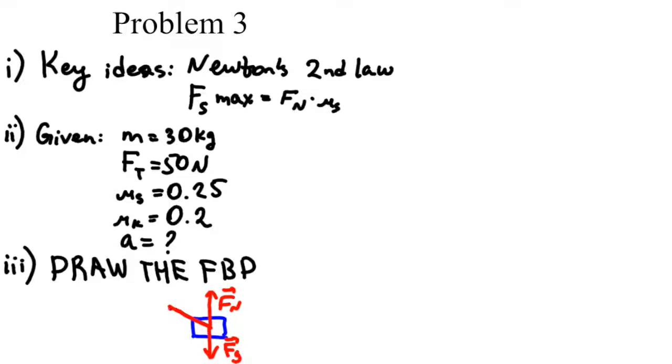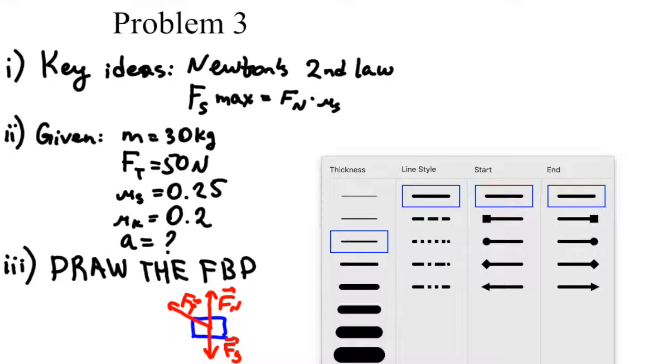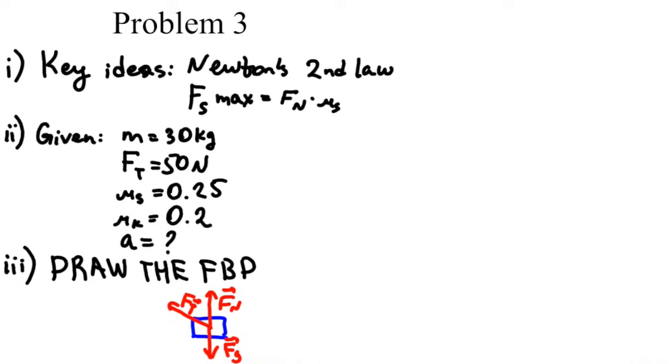Here's the force of tension, which is making 30 degrees with the horizontal, and this is the force of friction that's trying to make the box stop. So we are making the axis y positive as it goes up, and x positive as it goes to the left. So now we want to solve this.